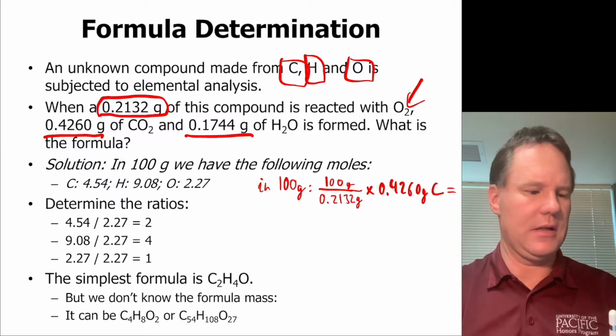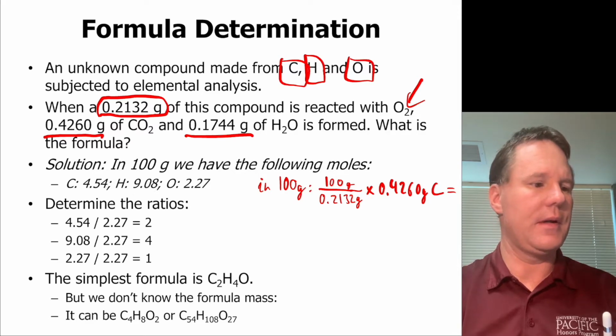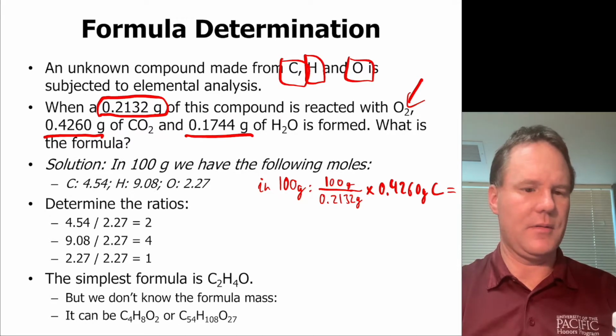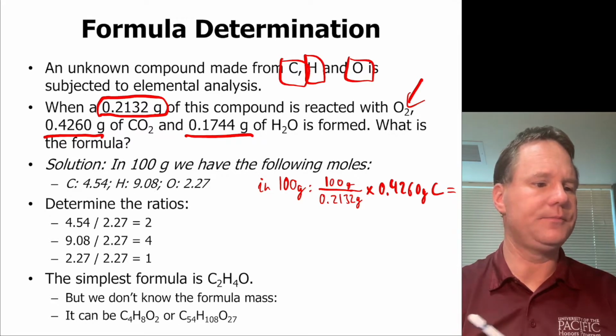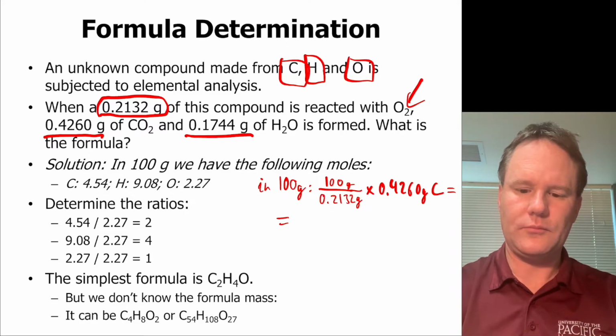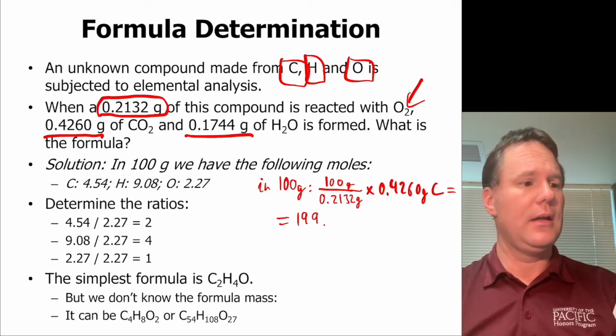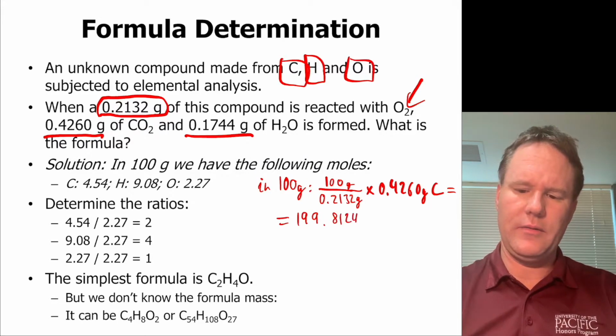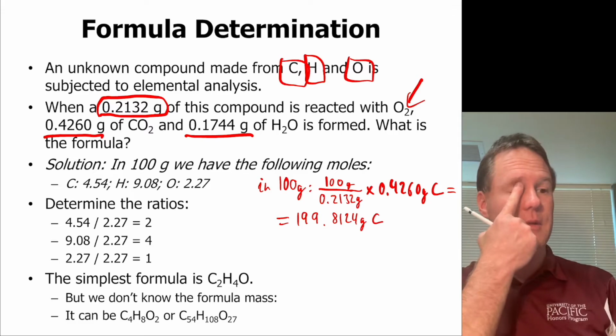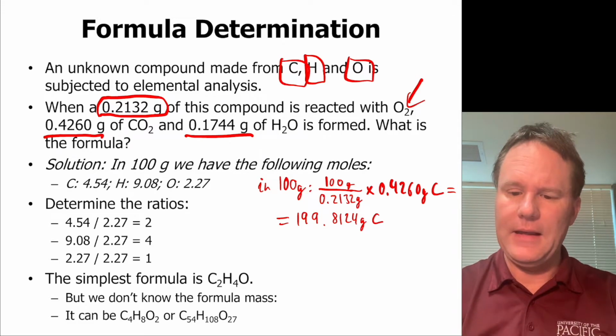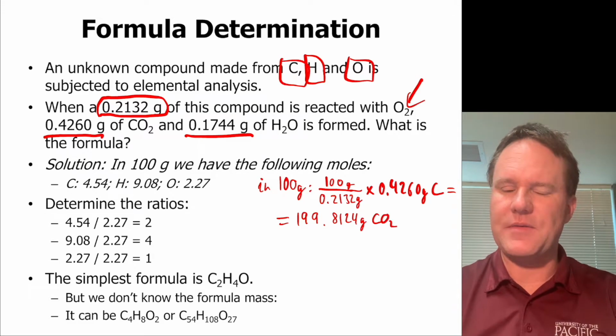So let me put in the numbers, 100 divided by 0.2132 times 0.4260, and I get 199.8124 grams of CO2, right?